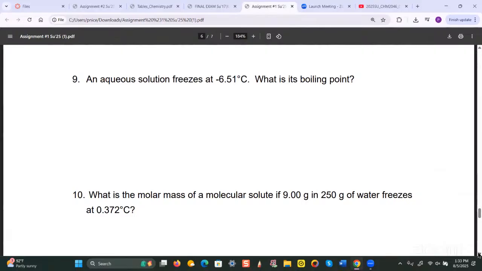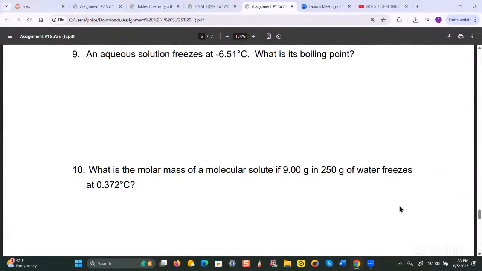Okay, so in this particular case, you'll be using two equations, which look similar, but they're different. So let me remind you of these two equations here. One of them is delta TB is equal to KB times M, right? And just to remind you, this is the elevation in boiling point.